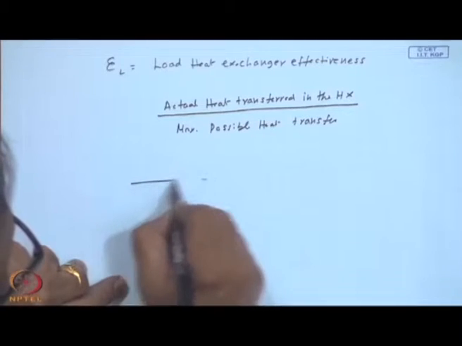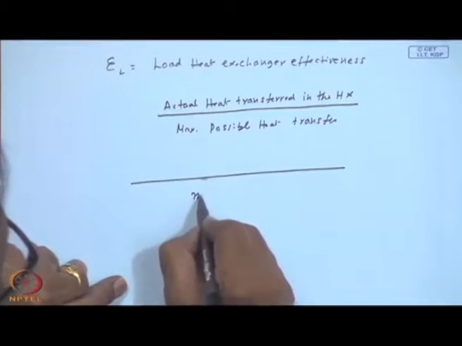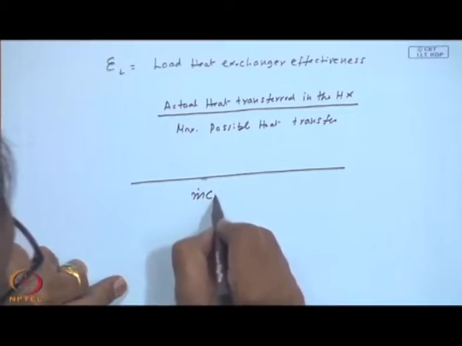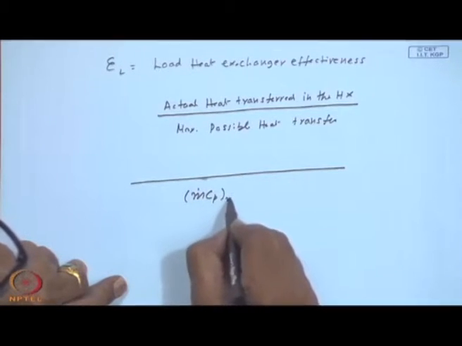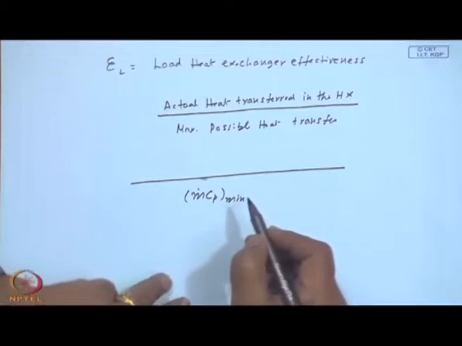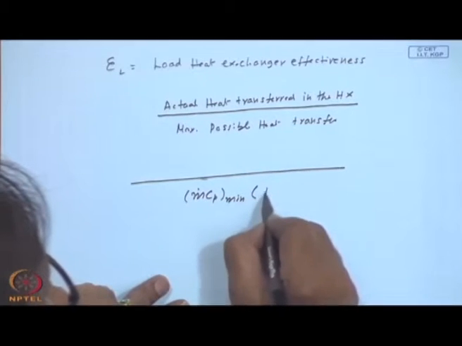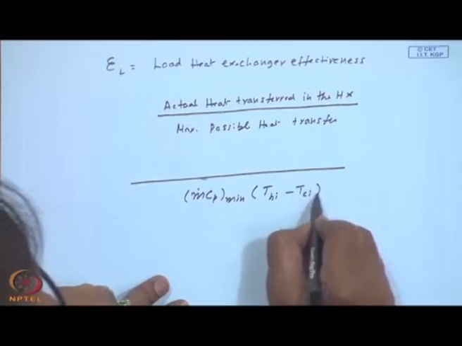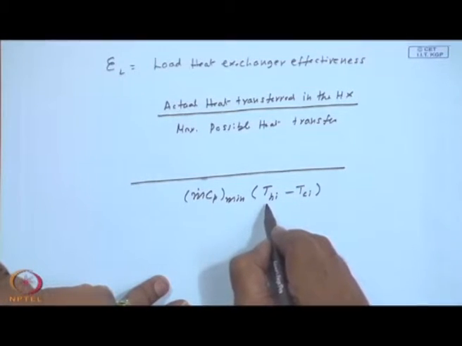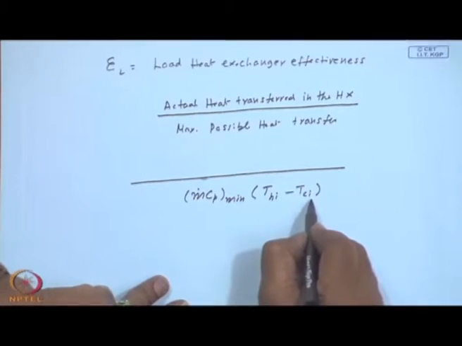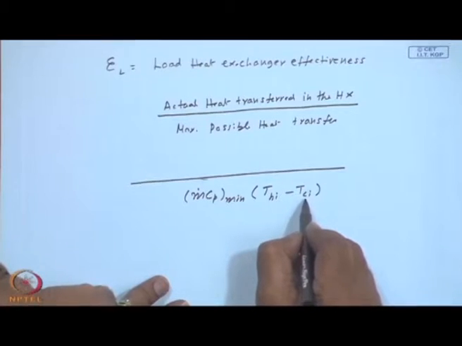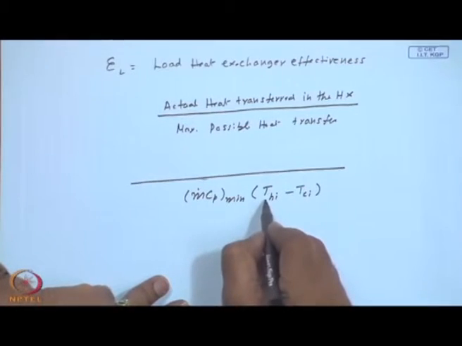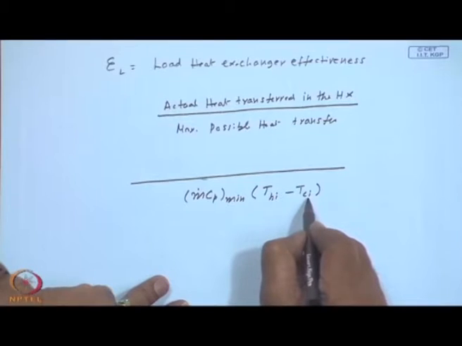First I shall write the denominator. It is m dot C_p, the lower of the cold or the hot fluids, multiplied by T_hi minus T_ci. When I write this temperature difference as T_hi minus T_ci, the possibility is that the cold fluid can get heated up to the inlet temperature of the hot fluid, or the hot fluid can get cooled to the cold fluid inlet temperature.